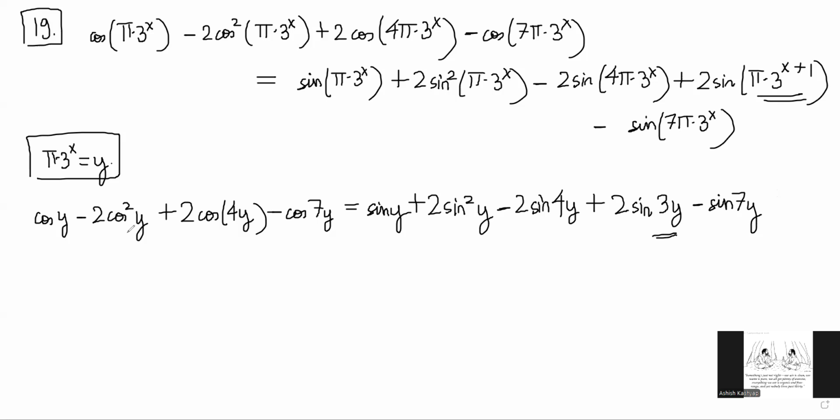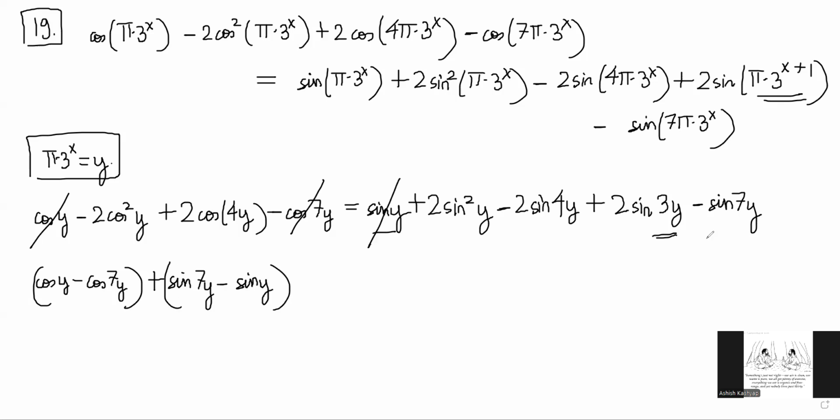This is the situation right now, and we can see that there are similar types of terms. If you bring everything to the left hand side, you can group them nicely. For example, cos y minus cos 7y is one group. Then you can bring sine 7y on this side, plus sine 7y and minus sine y, that is another group. Then we have cos 4y and sine 4y grouped together, 2 cos 4y plus sine 4y.